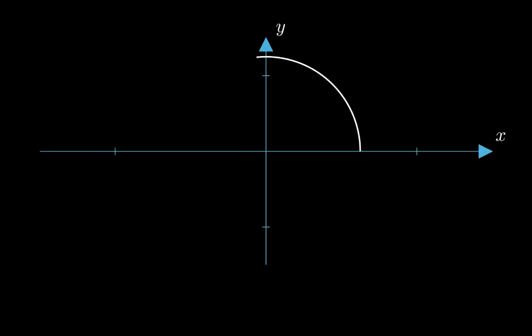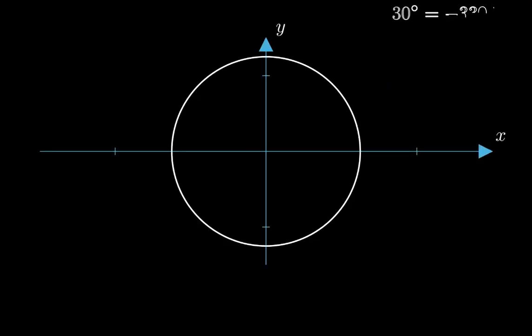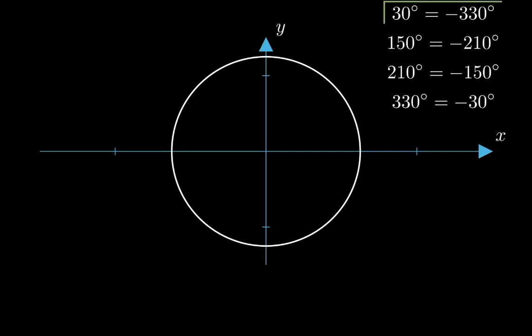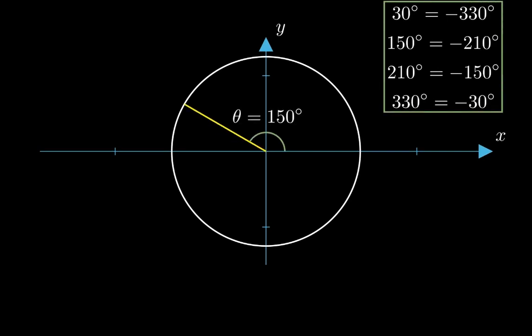What about when you come to the second quadrant? In the second quadrant, the angle which is related to 30 degrees is 150. And for 150, there is a negative angle, negative 210, and it bears the same ratio as 150.